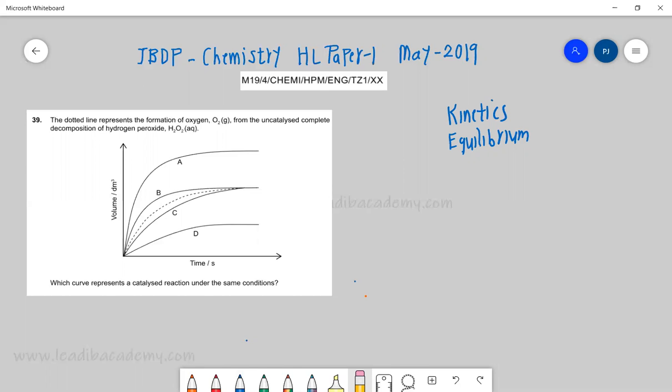Now, when it is a catalyzed one, what is the concept? What does a catalyst basically do? What are the characteristics of the catalyst? It speeds up the reaction.